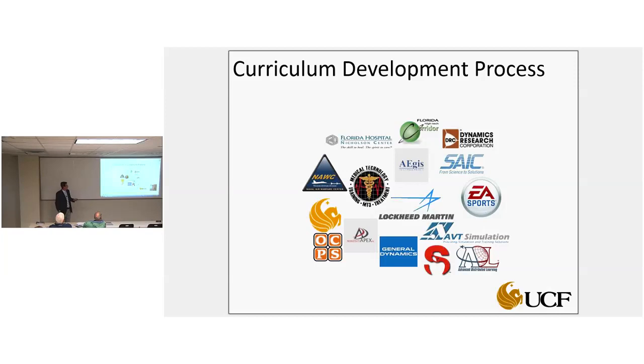And if we look here, you can see that there's no one real industry that's dominant. There's individuals from all types of industries: medical, military, gaming, school, K-12, higher ed. So all kinds of different industries were represented. We really wanted to get a diverse group of people to participate and contribute.